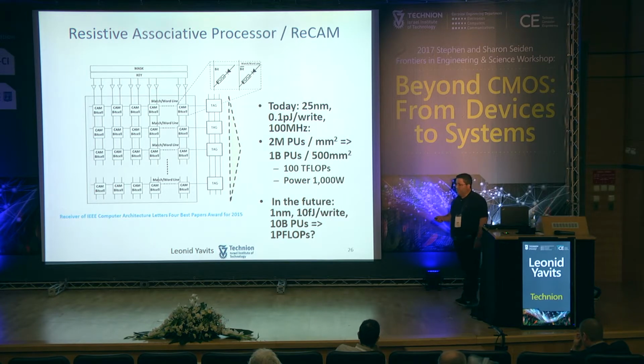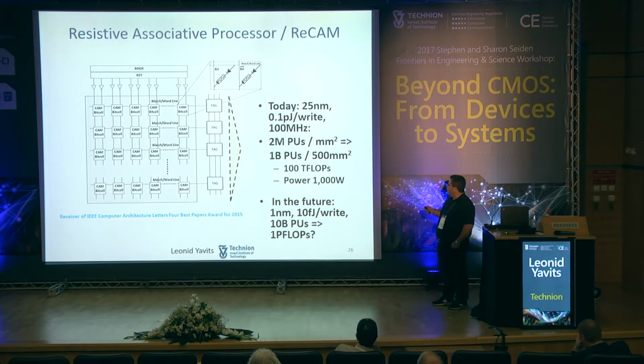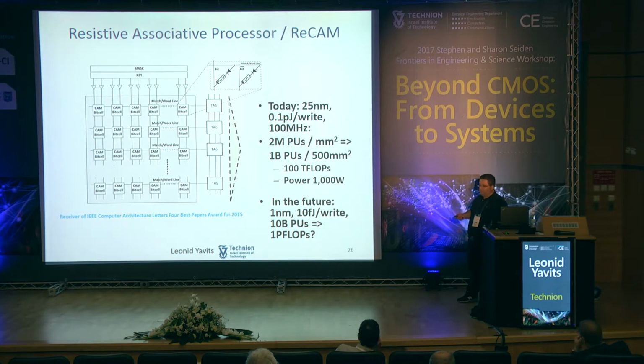Just to give you a sense, a taste of the level of scaling and integration here. Today we have 25 nanometer memristors, and I'm assuming 100 femtojoules per write, which is an aggressive figure, but at least this figure has been reported. Now, obviously, in an architecture like that, energy is dominated by write. Read is completely negligible compared to write, so that's the important piece.